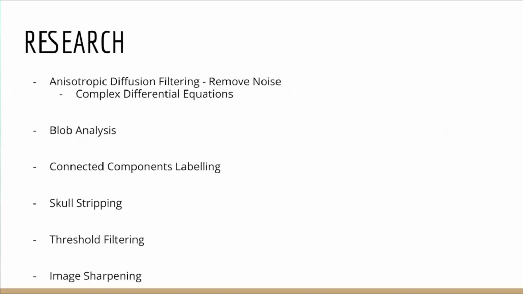While coding the program, I had to research many different methods involved in image processing, such as anisotropic diffusion filtering, which basically removes noise from an image. I utilized techniques such as blob analysis and connected components labeling to remove the skull from the MRI image.